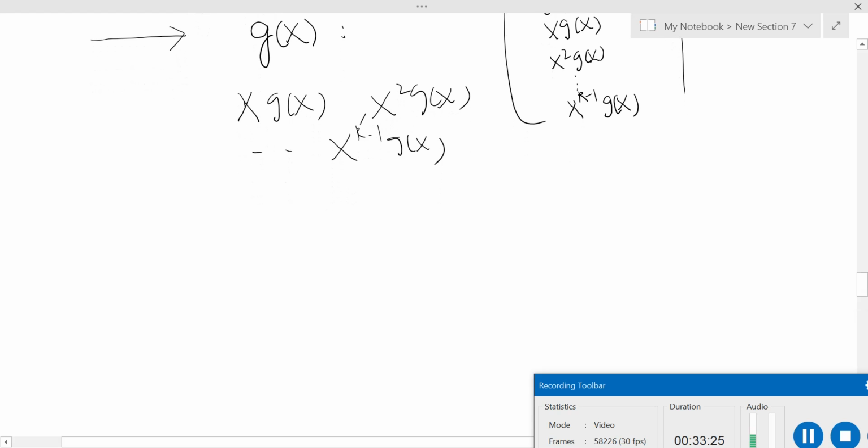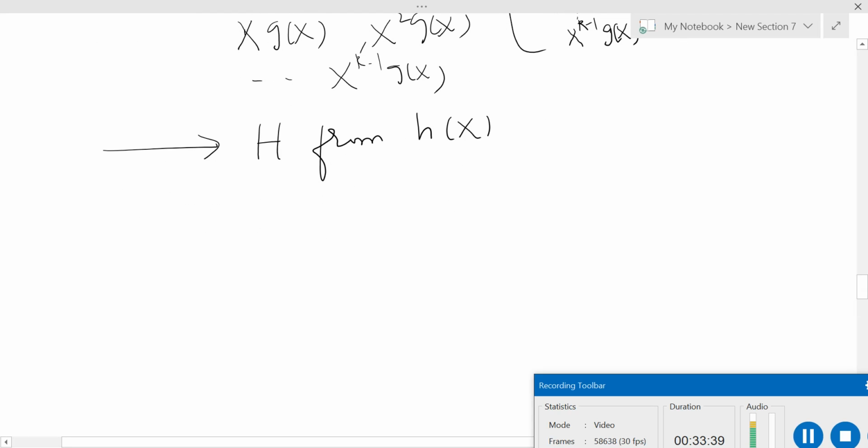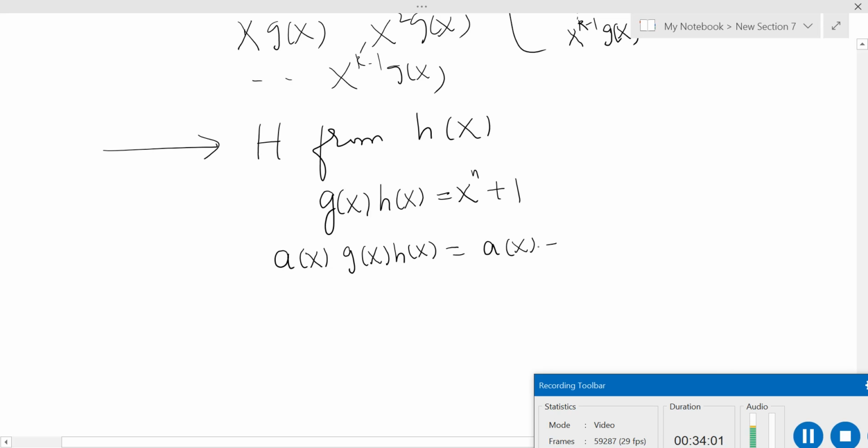However, the construction of the parity check matrix from the parity check polynomial is a little bit involved. It needs some attention. First of all, you have the relation that g of x h of x is equal to x to the power n plus 1. Now if I multiply a of x on both sides, I will get a of x plus a of x times x to the power n.